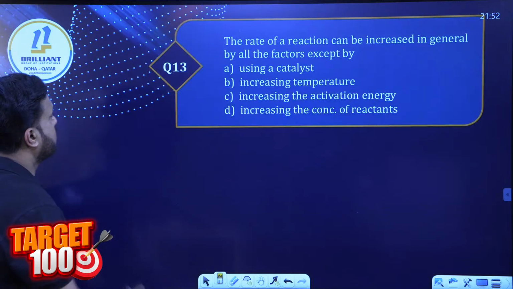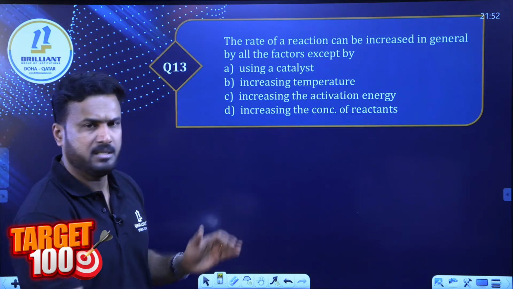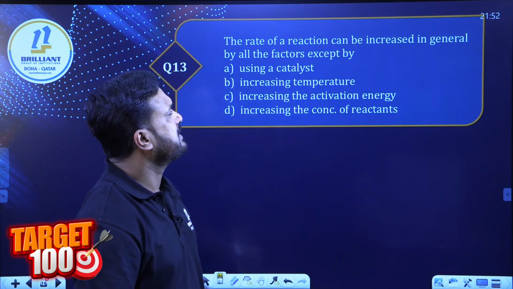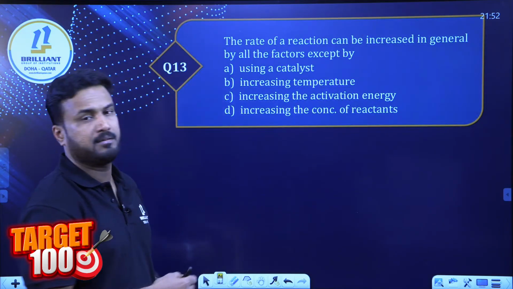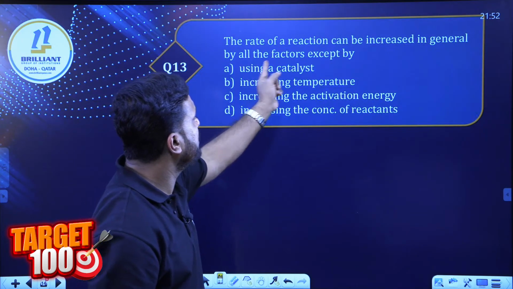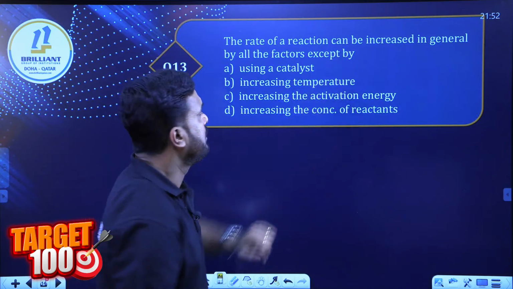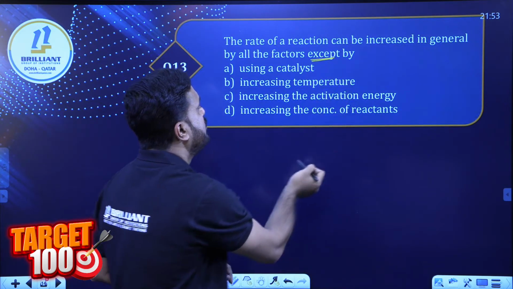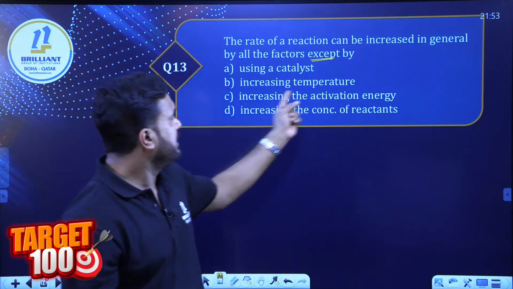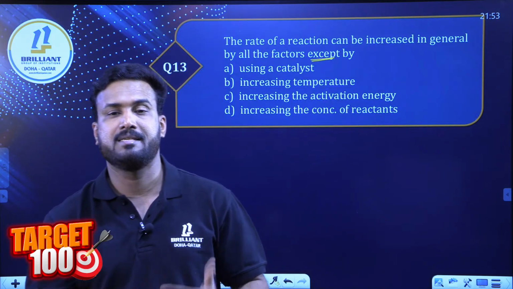Now we can go to question number 13. These are theory based, so we can go easily. The rate of a reaction can be increased in general by all the factors except which one? You know that one: if you are using a catalyst, the rate of reaction will increase. Increasing temperature, that we learned in the same chapter.